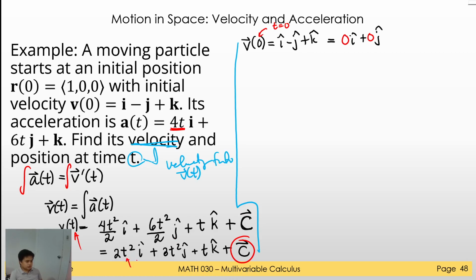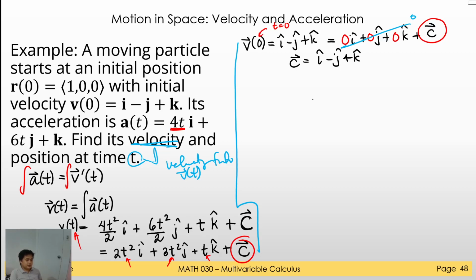Since if you substitute 0 here, this will be 0. So plus 0k and then plus the c vector. So therefore, you can see here that the c vector, you can cancel this all as 0. So the c vector now is equal to i minus j plus k.